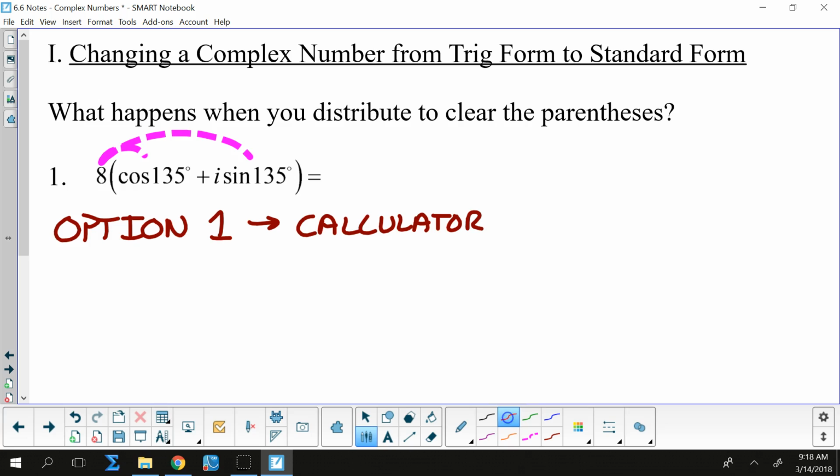So this would become 8 cosine of 135 degrees plus 8 times the sine of 135 degrees times i.